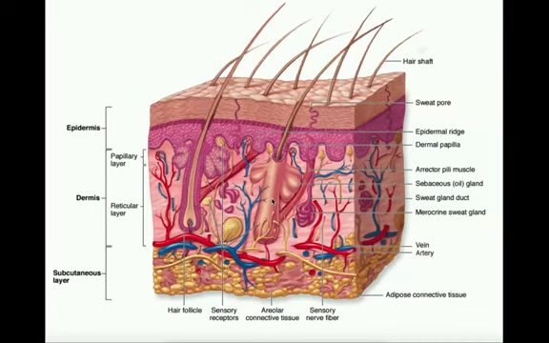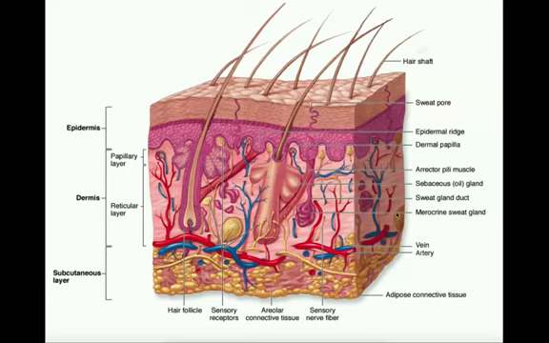Also, if we look at these coiled tubes, here's a good example of one. This is called a merocrine sweat gland. One type of merocrine sweat gland is a regular sweat gland, like when you sweat when you go out in hot weather or start exercising and the sweat deposits on the surface of your skin. These glands start out in the dermis as a network of coiled tubes, and then go through the dermis and the epidermis and onto the surface of the skin.